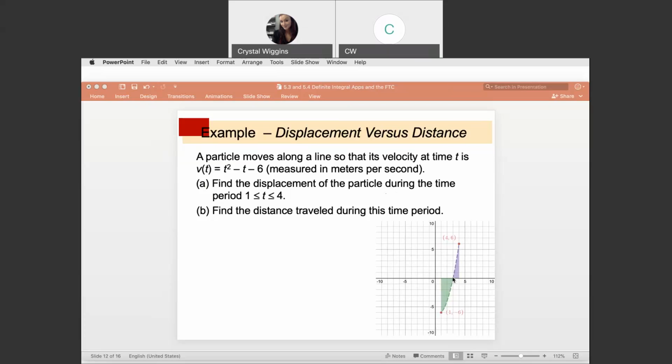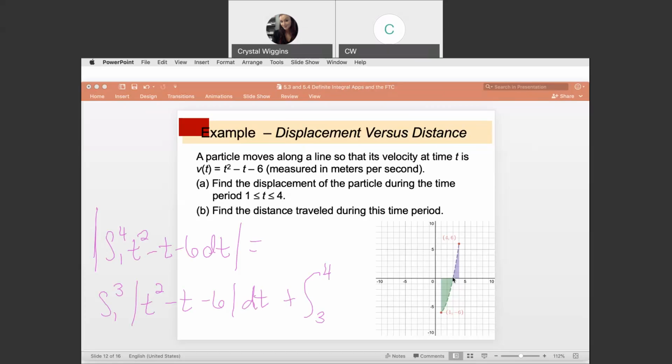So in order to calculate the absolute value of the integral from 1 to 4 of t squared minus t minus 6 dt, we need to split it up to calculate the integral from 1 to 3 absolute value of t squared minus t minus 6 dt, and add to that the little piece from 3 to 4 of the same thing.